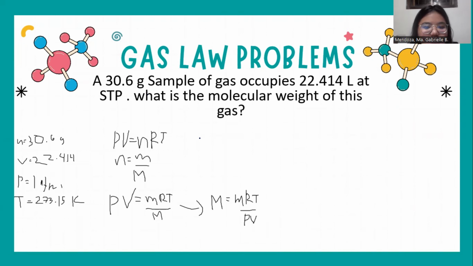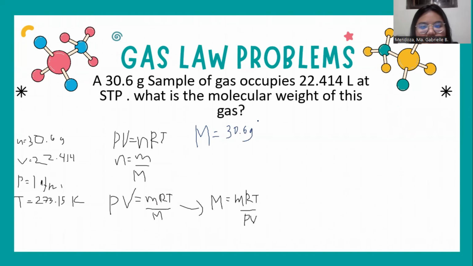Ayan. So, since nakuha na natin yung formula for molecular weight, pwede na tayong mag-substitute. So, capital M is equivalent to, dito kahit hindi mo naman napalitan into moles yung grams, 30.6 grams.